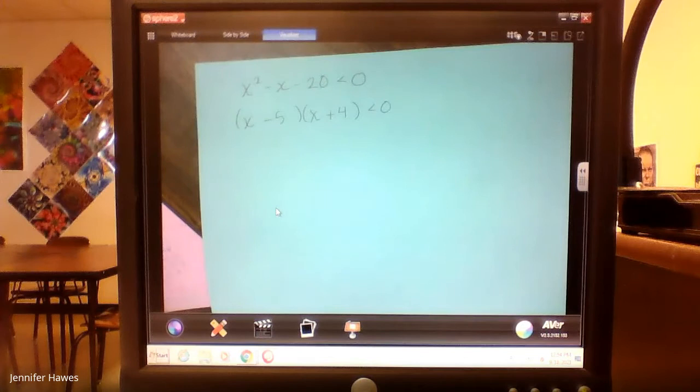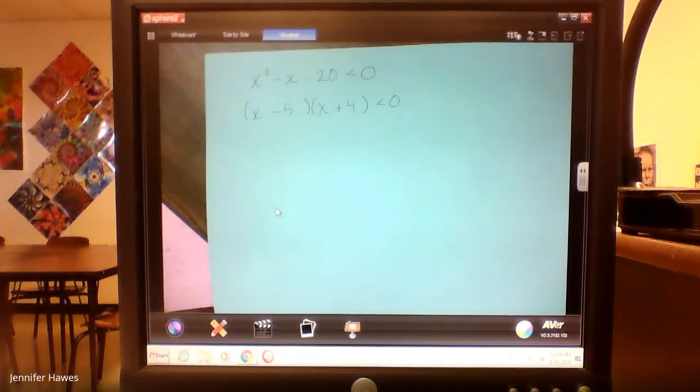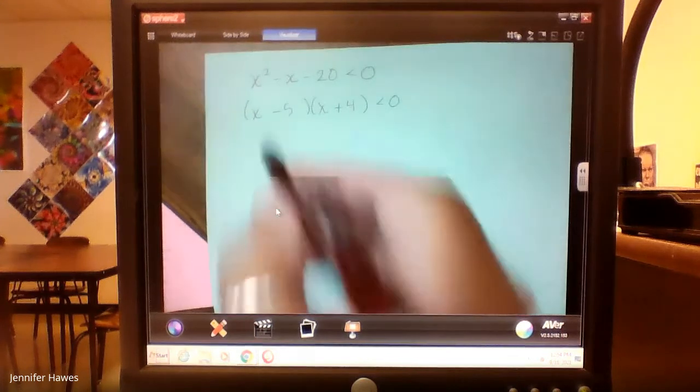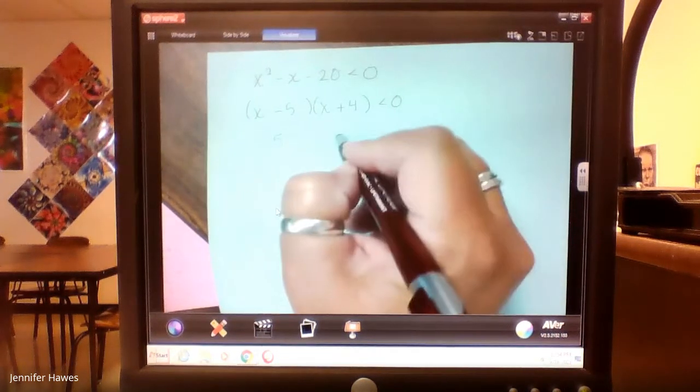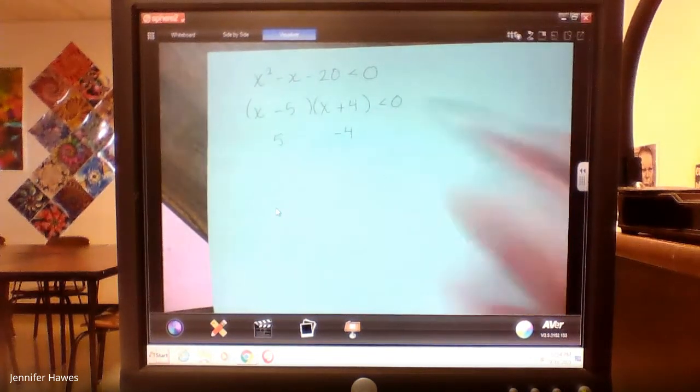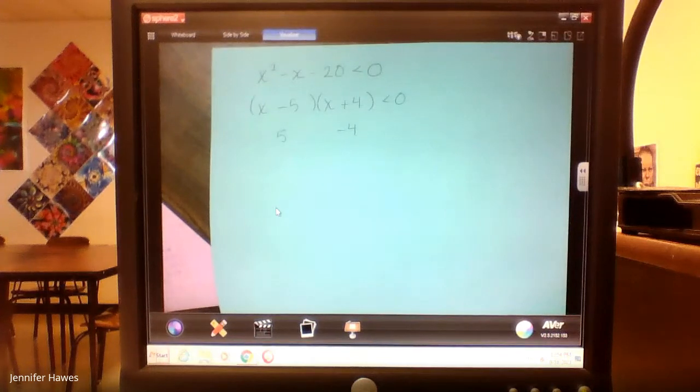So your final answers would be 5 and -4. When you're dealing with inequalities, you're dealing with a lot of different answers, because it's all the numbers that would make that less than 0.